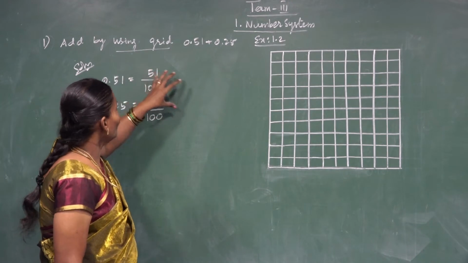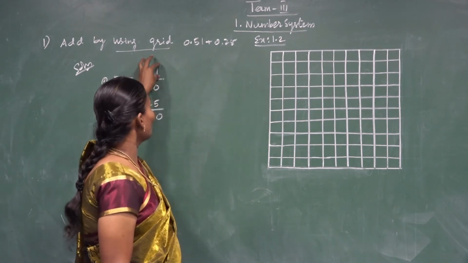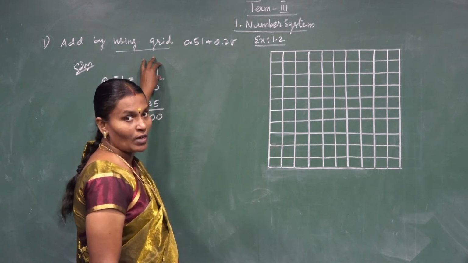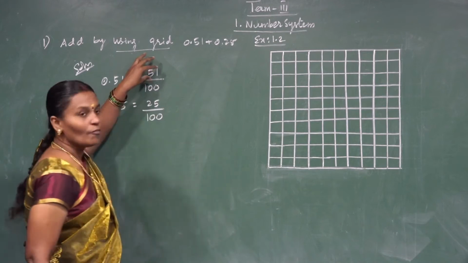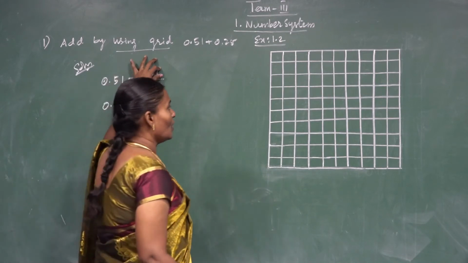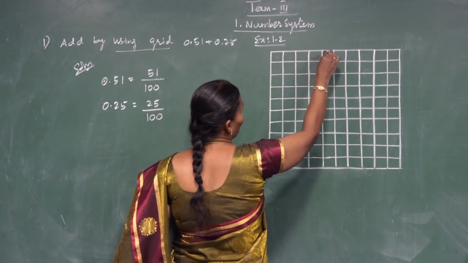Here you have to shade. First, you have to shade 51 boxes out of 100. How do you shade that 51? See, 1, 2, 3, 4, 5.